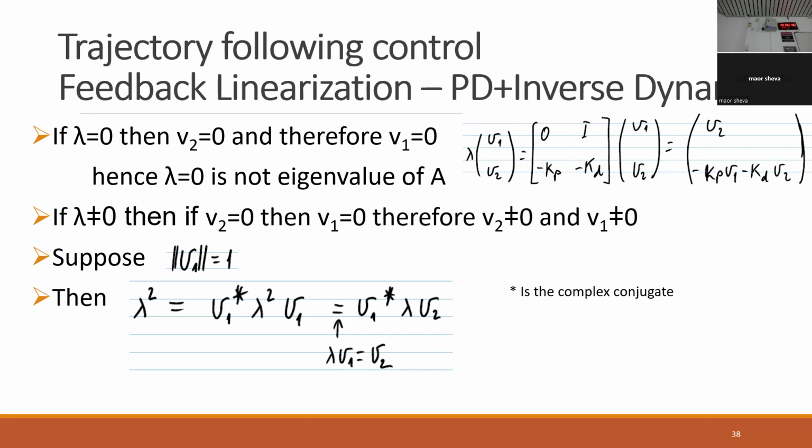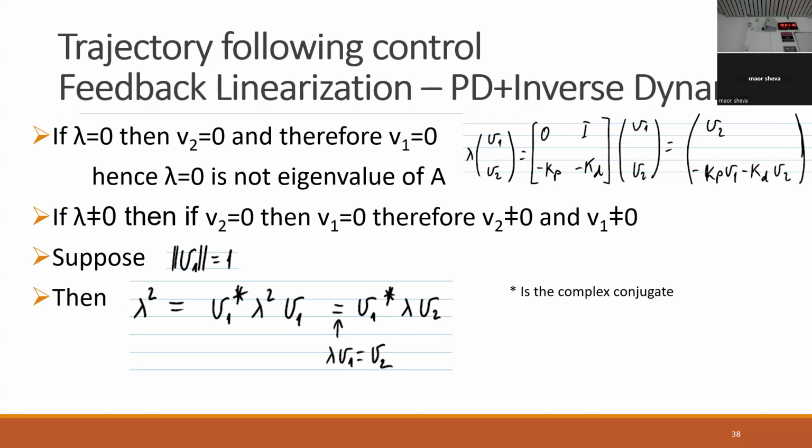Okay, but lambda V1 is V2. So I can substitute here lambda V1 equals V2 from the dynamical system. And therefore, I get V1 conjugate transpose times lambda V2.